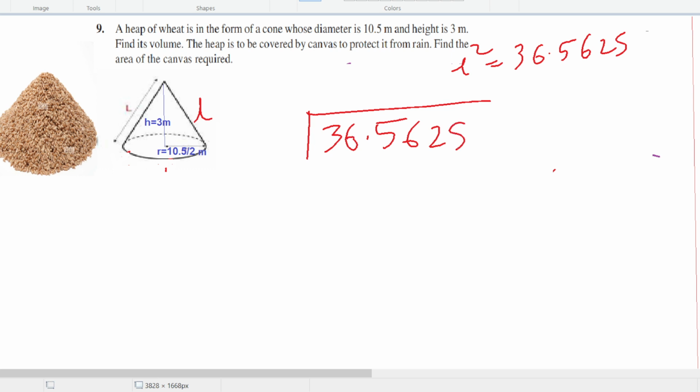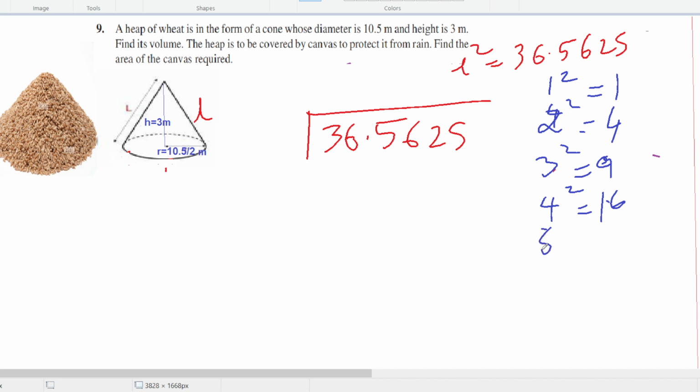Now you have to list out all the perfect squares. 1 square is 1, 2 square is 4, 3 square 9, 4 square 16, 5 square 25, 6 square is 36, 7 square is 49.